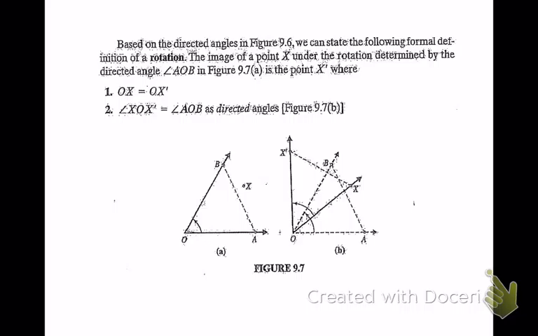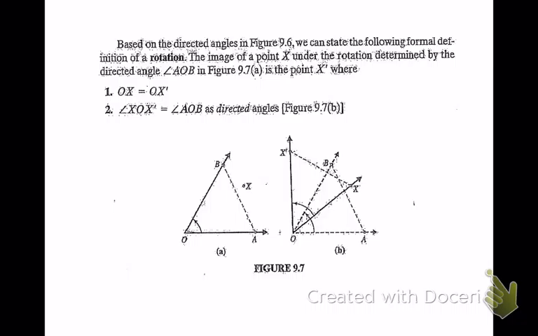So AOB is just giving you the angle, right? And then you apply that angle to OX, and you end up with OX equaling OX prime, and angle XOX prime equal to angle AOB, as directed angles.